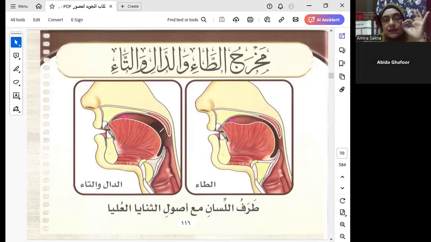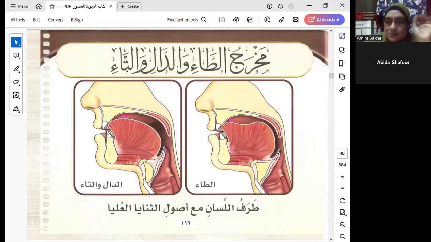أط أد أط أد. Okay? With the ta, what will happen? Also, the articulation point is closed. But with ta, I open the articulation point kindly, nicely, and I allow the air, not the sound, which was trapped behind the articulation point, to escape through the articulation point when it is opened nicely.